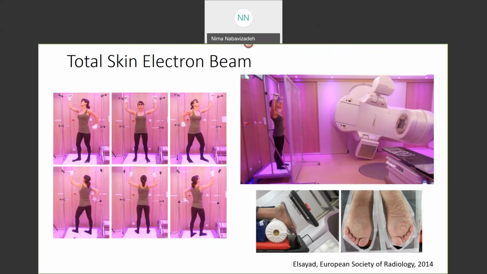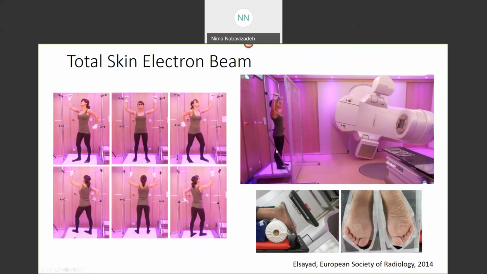You can see there are some places of the body that are shielded from these radiation treatments, and one of those locations is the soles of the feet. So if a patient presents with disease on the soles, this type of total skin electron beam therapy will not deliver adequate doses or any dose to the soles of the feet, obviously, because they're standing on it, and the machine can't see it. So in those situations, we do focal boosts, like you see in the bottom right, to various places of the body that have bothersome disease that are shielded.